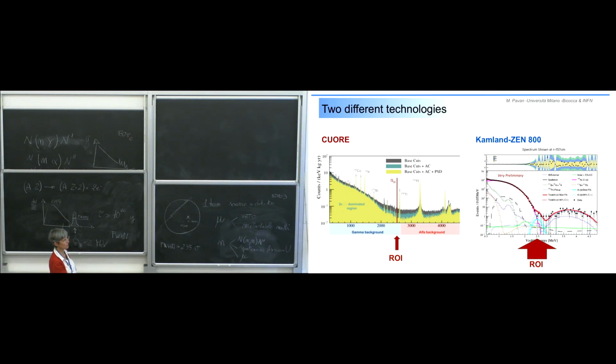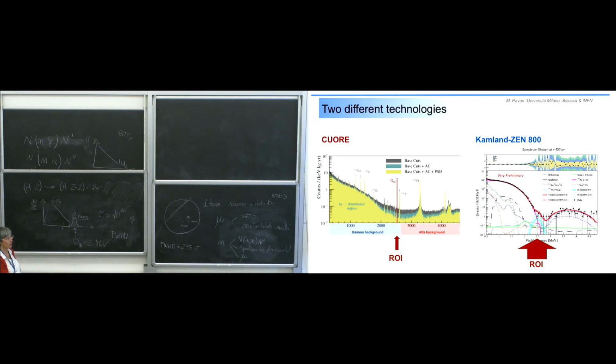So you see, in this spectrum, there are all the lines that you see here. You just have no resolution to see them, but they are there. Okay, there is also a different efficiency, but the gamma lines are there. You are not able to see them.